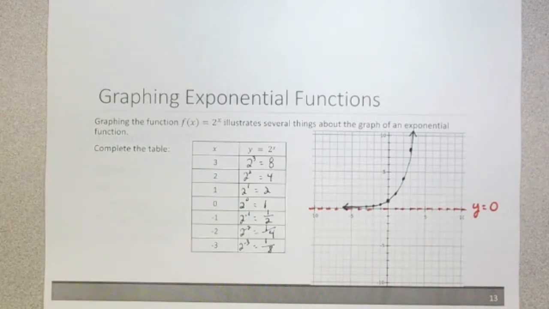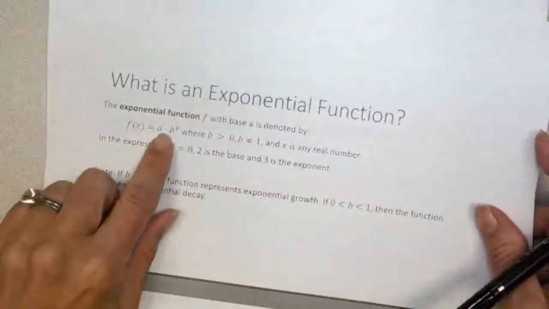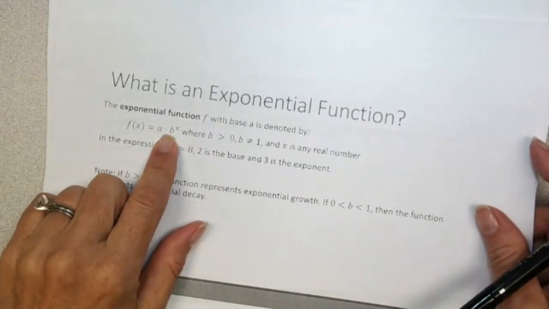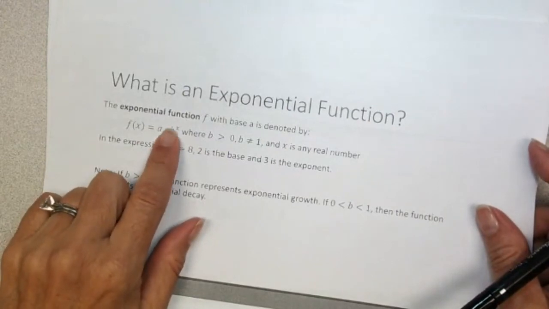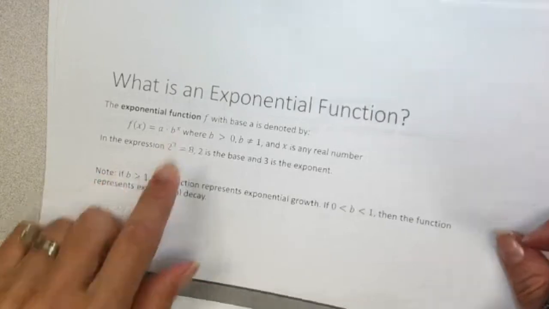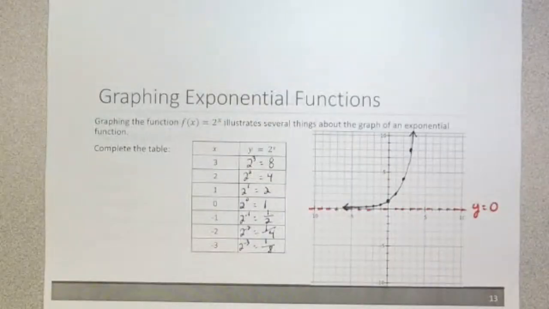Why is that? Well, if you look at the format for an exponential function, a times b to the x, this b can never be negative. So whatever power we're raising that base b to, it's still going to be a positive number.